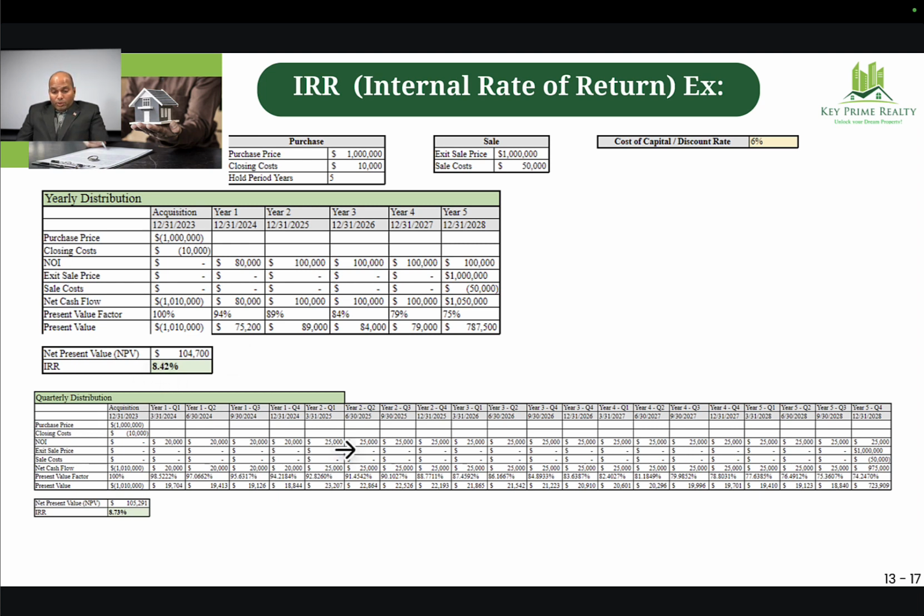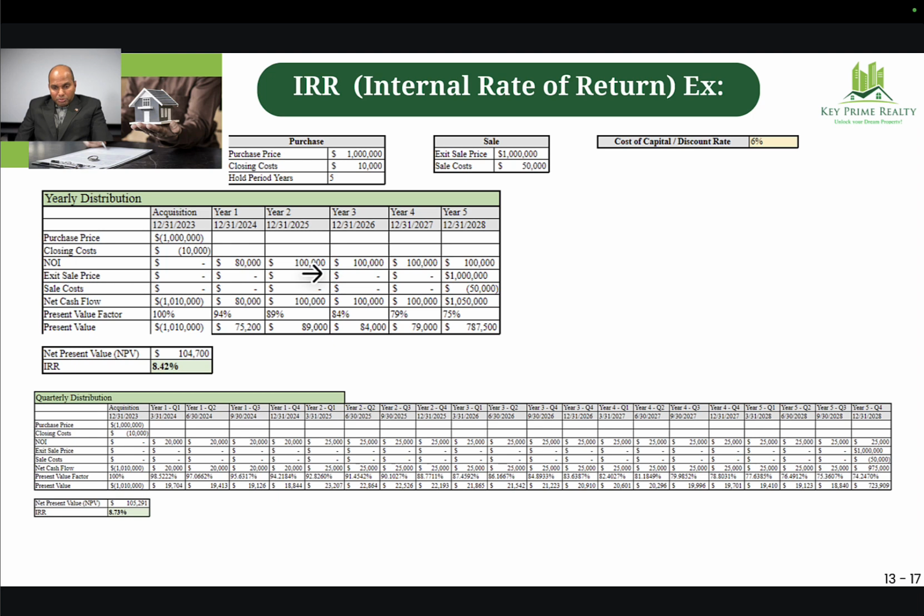But if you look into the Excel, it gives you the exact formula to calculate the internal rate of return. If you look here, the internal rate of return changes based on how your distributions are. For instance, this is the math when you're doing the distributions yearly.